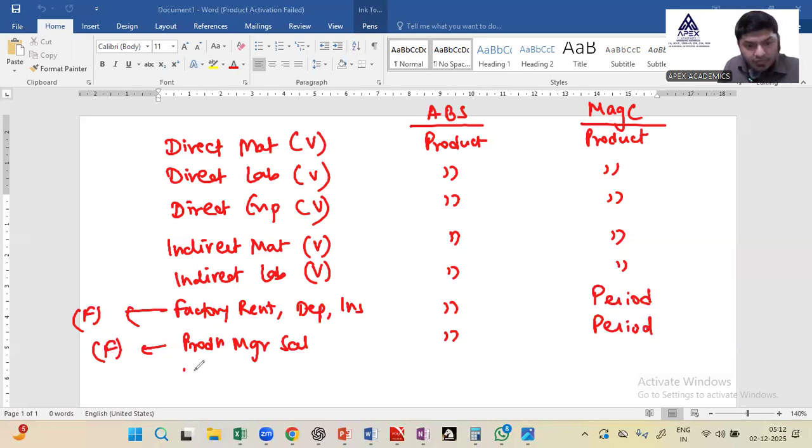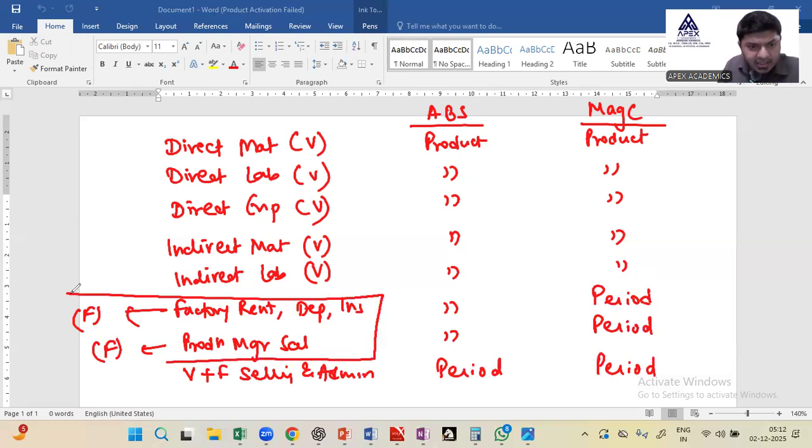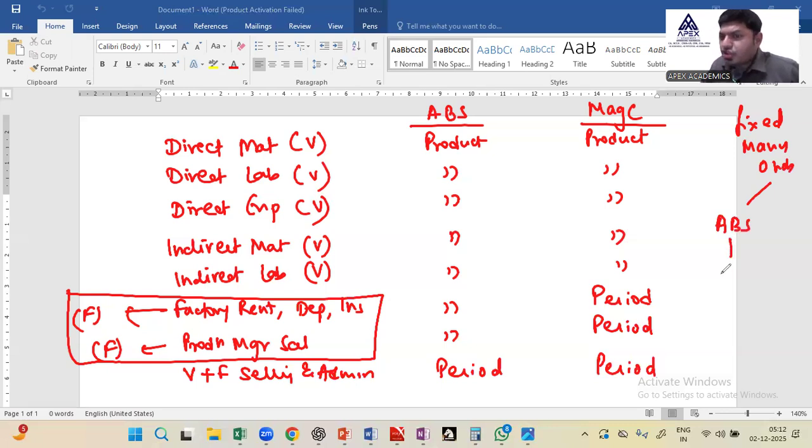And variable or fixed selling and admin costs will become period cost under both. The only great difference arises in the treatment of the fixed manufacturing overheads: under absorption costing, they become a product cost, but under marginal costing, they become a period cost.